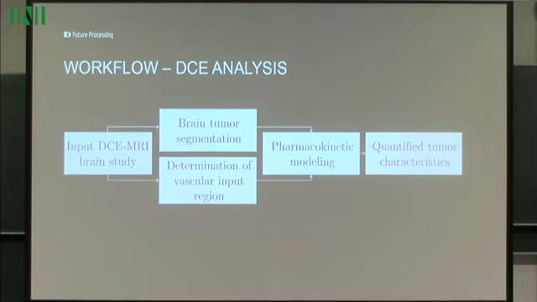So we are interested in dynamic contrast enhanced imaging, the profile of that kind of analysis. We start from the MRI study for brain in that case, and we need to perform a couple of steps, as I mentioned. First we need to segment the brain tumors from brain imaging. That's the part of the brain that we are interested in. Additionally, we need to extract this vascular input region that pumps the contrast into the tissue.